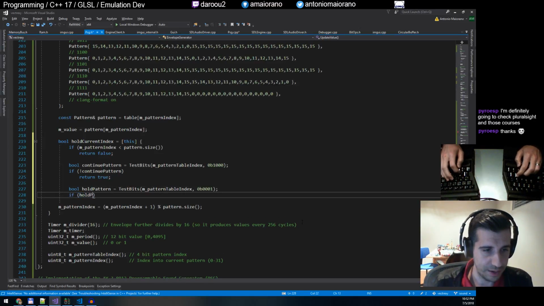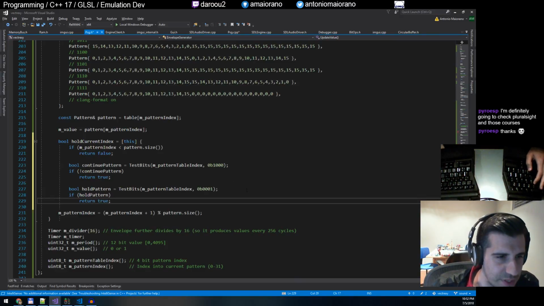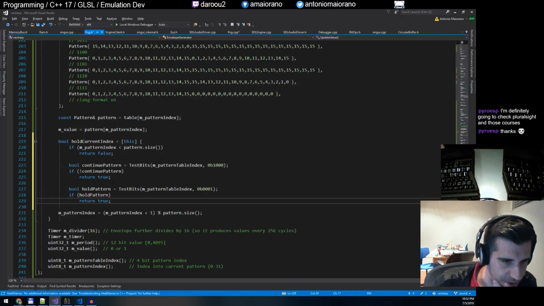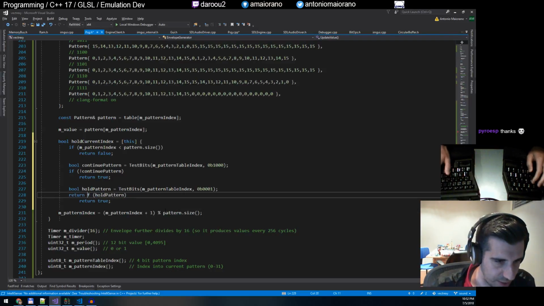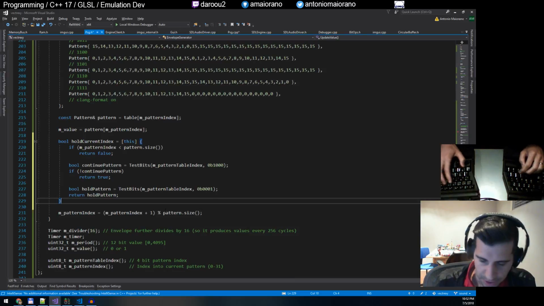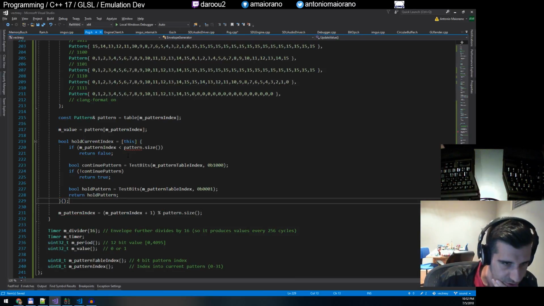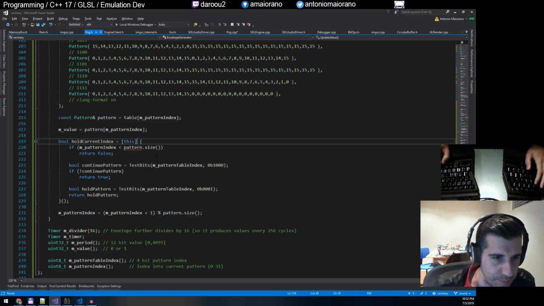So, hold pattern. So wait, we were saying hold current value. So if, right, if not continue, but if we want to hold, return true. Actually, I guess at this point I can just say return hold pattern, and then I'll just do an immediate invocation. And I need to pass it pattern here.